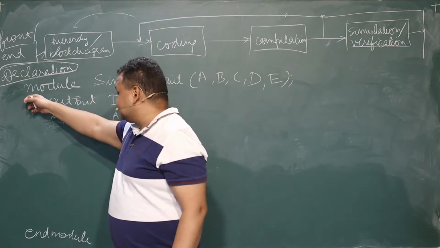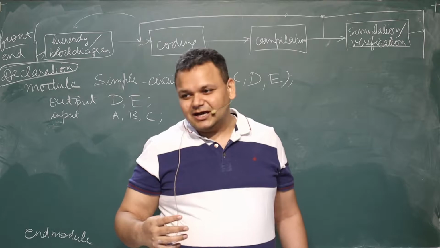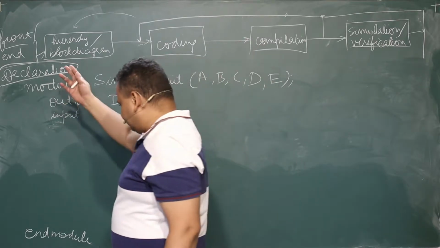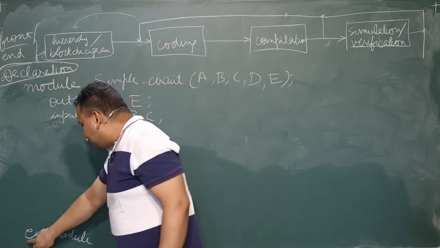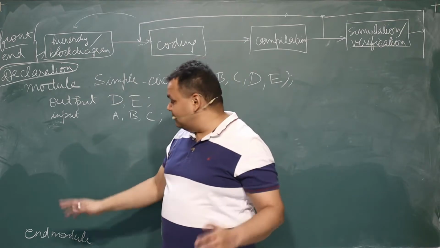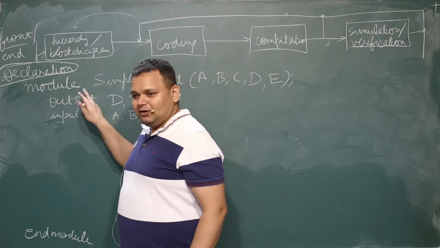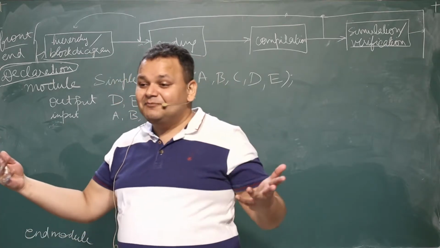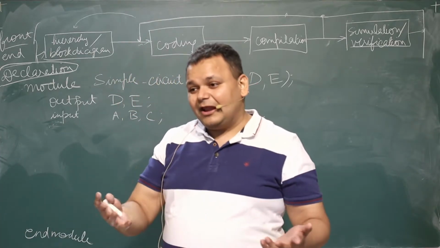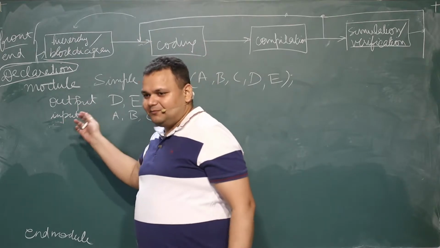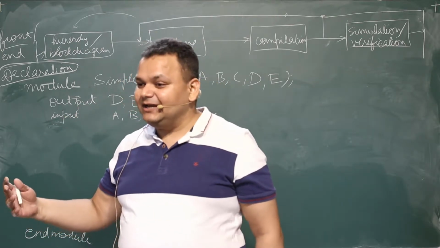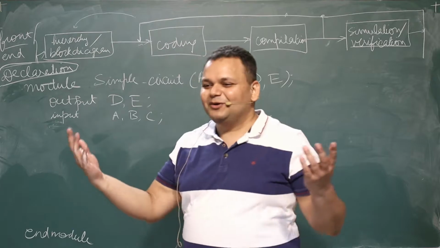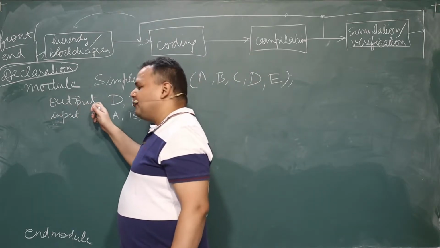Similarly, you have some specific keywords associated with Verilog as well. Module is one of them, endmodule is another one. You cannot name a variable endmodule or module. Similarly, output and input are other keywords. You cannot name a variable output or input. You can have input1 or output1 or whatever, but exactly output it cannot be.